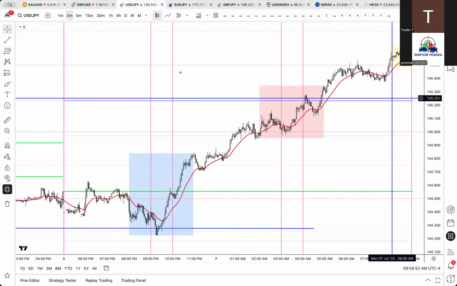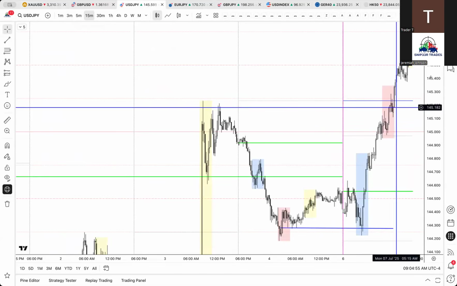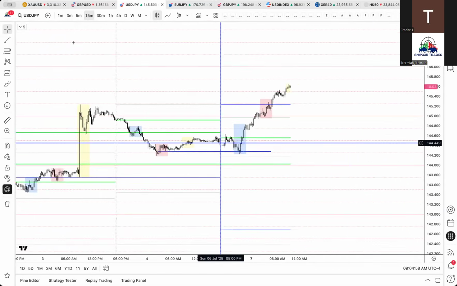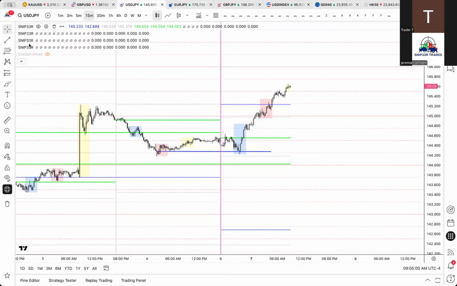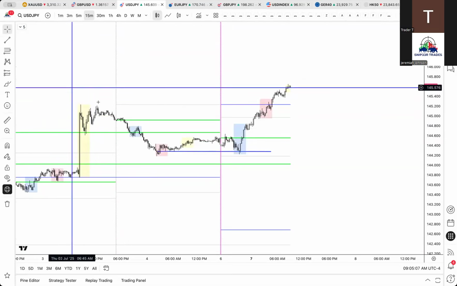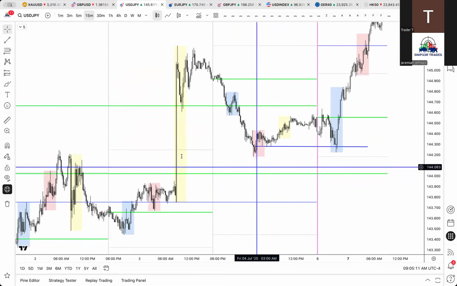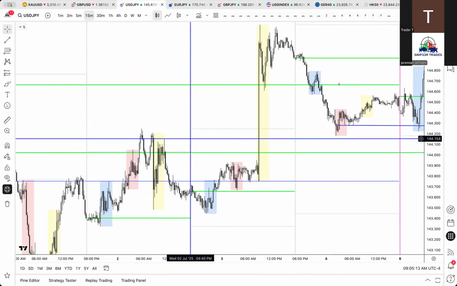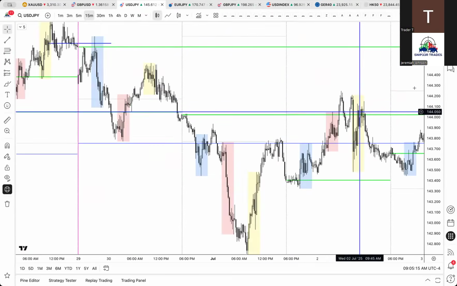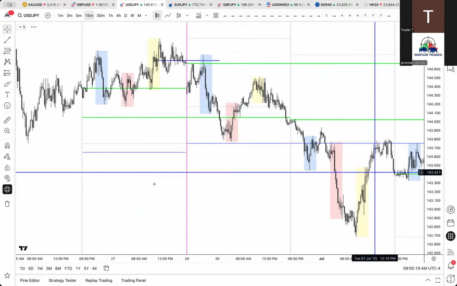Let's go to UJ. And I'm just gonna go sideways briefly and showcase how many times a trader could have taken a trade in the last 2 weeks, whether that was pump and dump or dump and pump, any session.